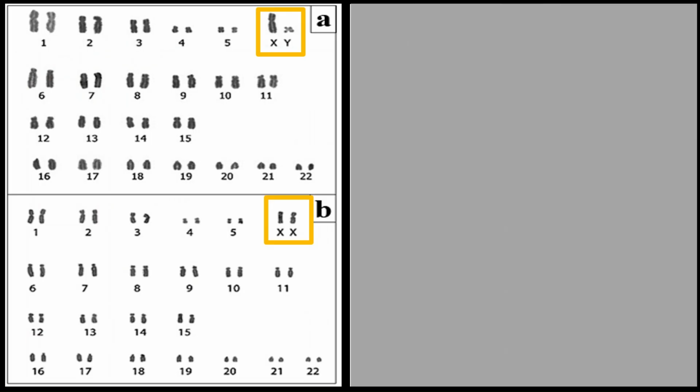There are two unidentical gonosomes there. One is large, one is small. And it has been labeled for you. There is one X gonosome and one Y gonosome. If you compare it with individual B at position 23, there are two X gonosomes present there.